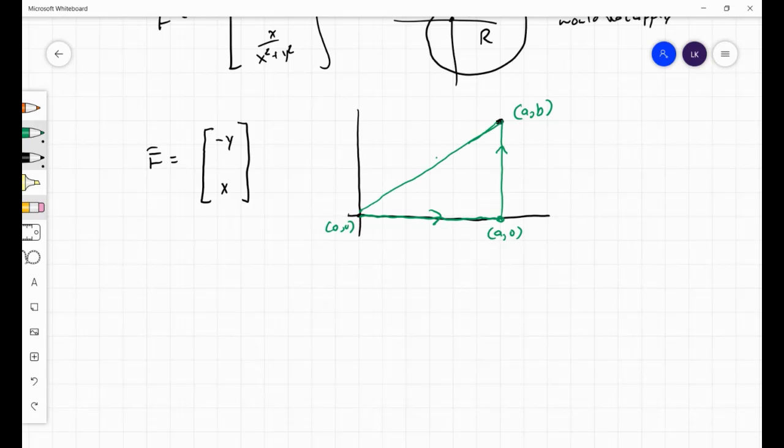So notice this has an orientation that's counterclockwise. Okay. And then our region is just this enclosed triangle.